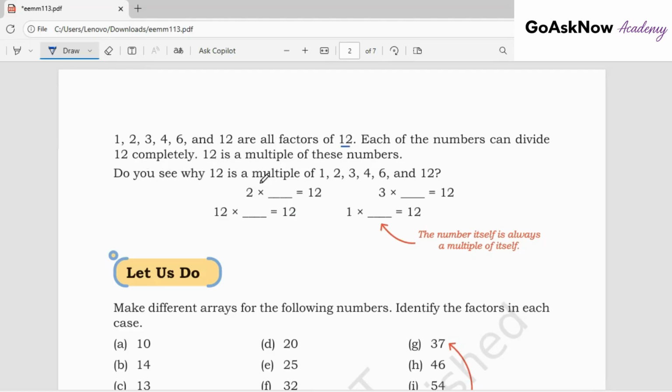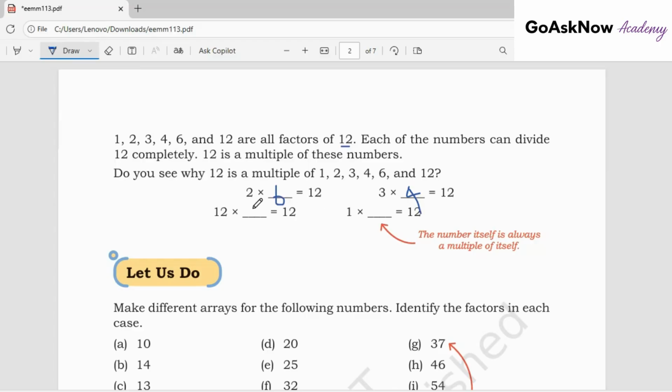Do you see why 12 is the multiple of 1, 2, 3, 4, 6, 12? Let us calculate. 2 into which number will give 12? That is 6. 3 into 4 gives 12.